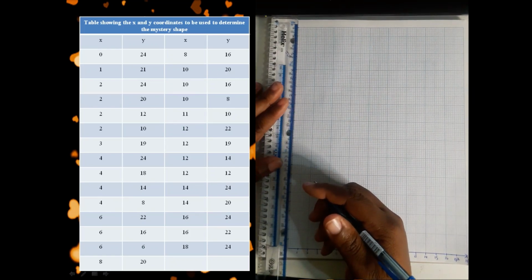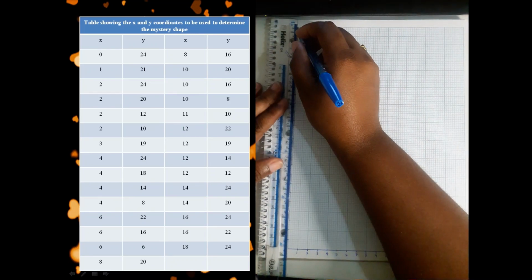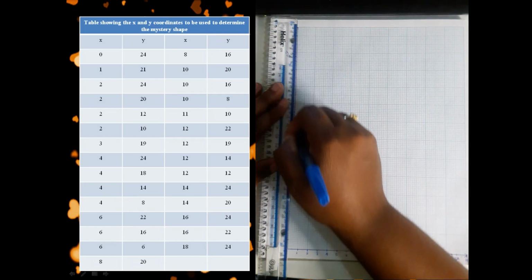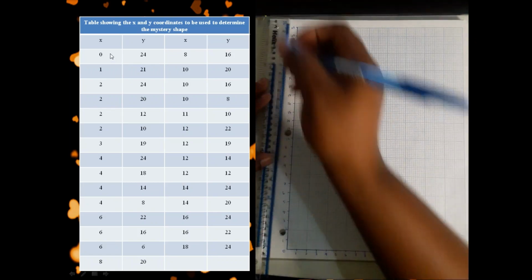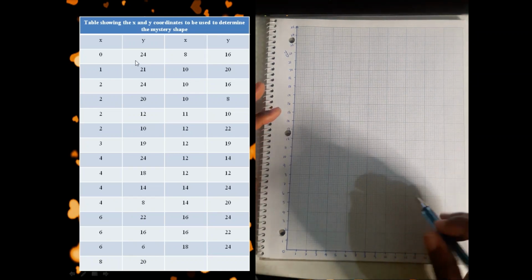If you're not too keen on using a pen, then use a pencil. You don't have to use a pen to plot, but I'm going to, because it's brighter and I don't get lost.